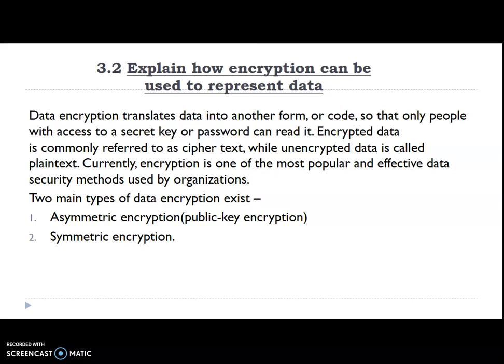Currently, encryption is one of the most popular and effective data security methods used by organizations. There are two main types of data encryption that exist. One is asymmetrical encryption, which is public key encryption, and two is symmetric encryption.